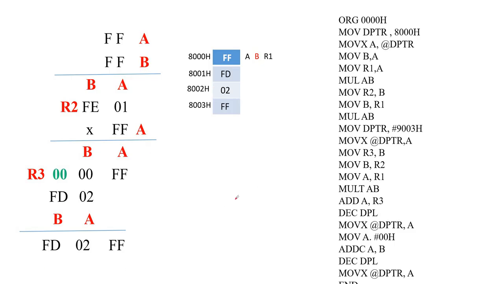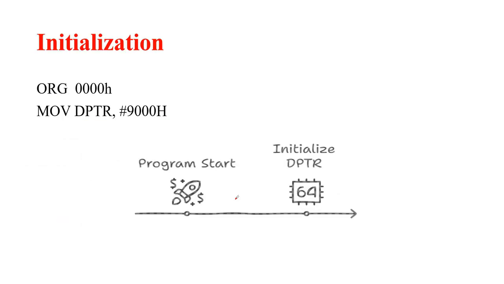Now we will see the breakdown of the program. First, we have done the initialization by using these two instructions. Here I have written 9000, but in the program we have used 8000. It is your choice, you can take any memory address.